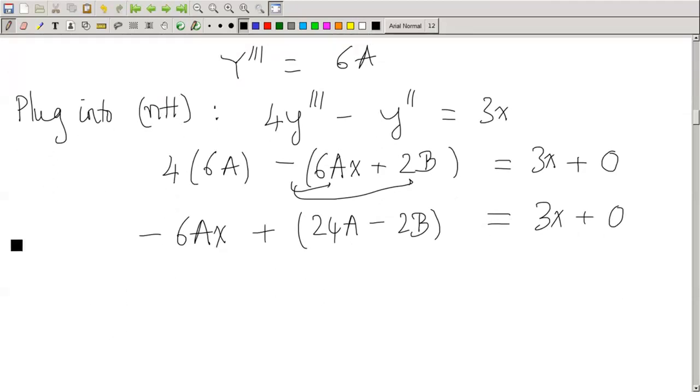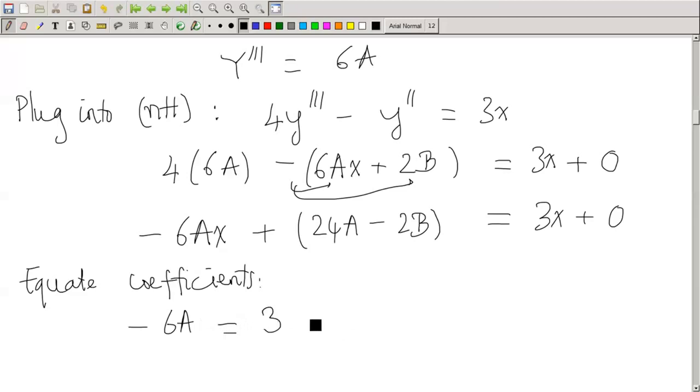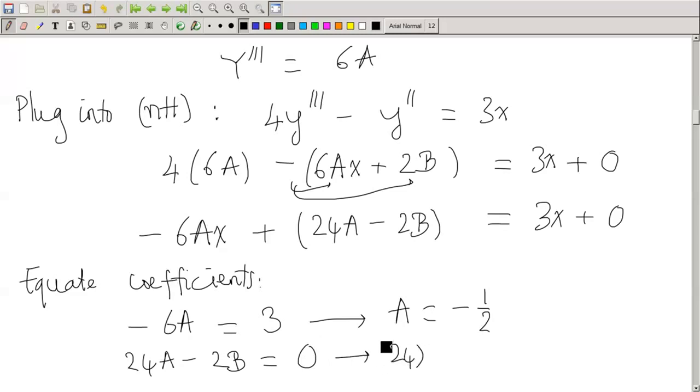Now we equate the coefficients. Then we get minus 6a is 3, which we solve for a and get a equals minus a half. And then 24a minus 2b equals 0, which gives us 24 times negative a half minus 2b equals 0.